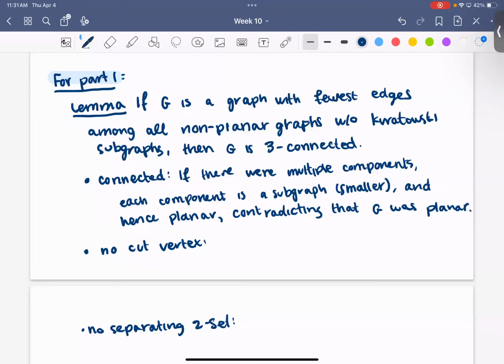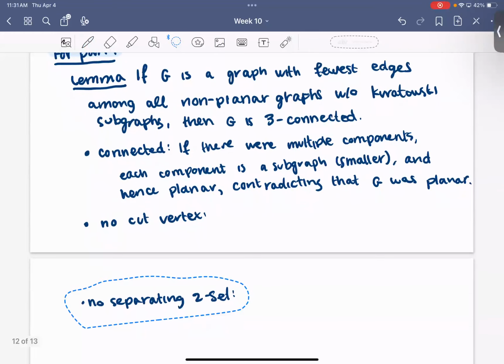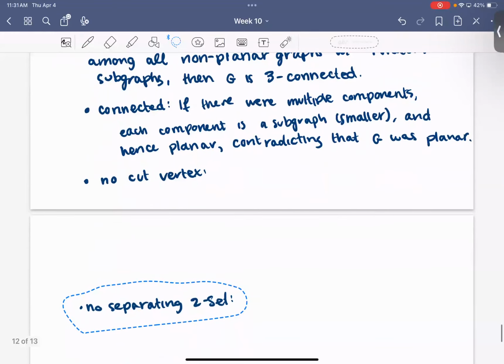Okay, so why is it 2-connected? Why do I not have a cut vertex? The reasoning is pretty similar to the connected case.